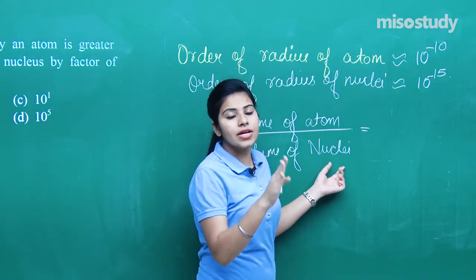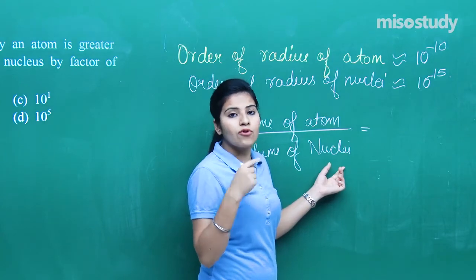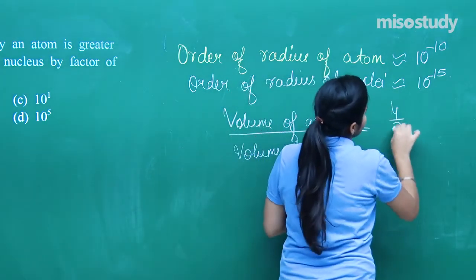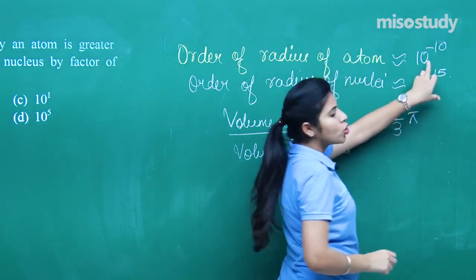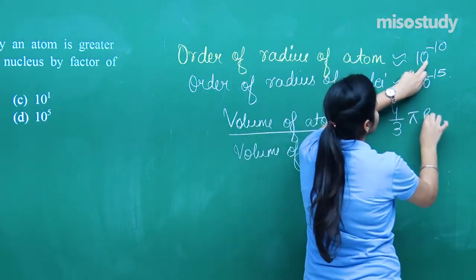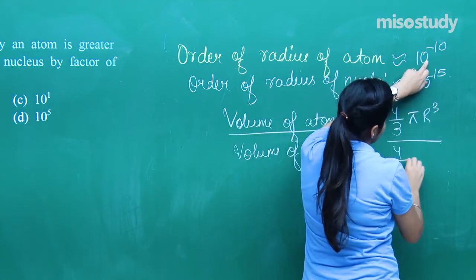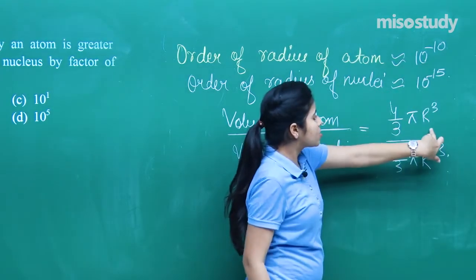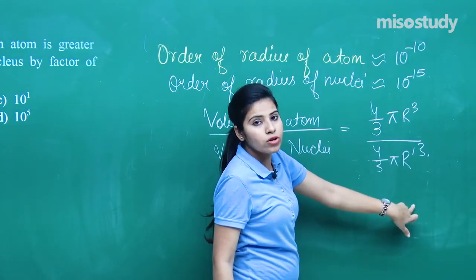But yes, the radius will be different. This r is for atom, and this will be r dash cube for nuclei.